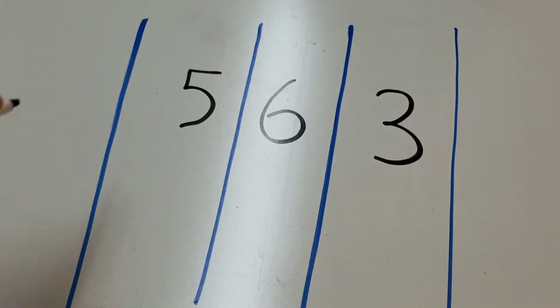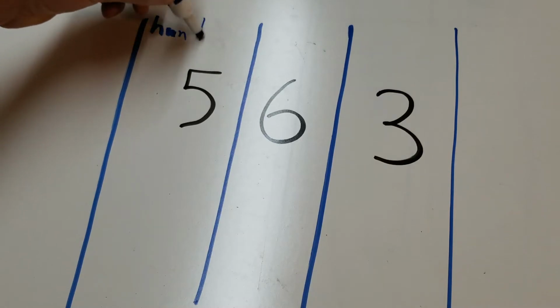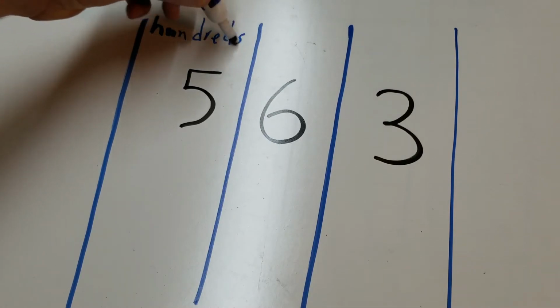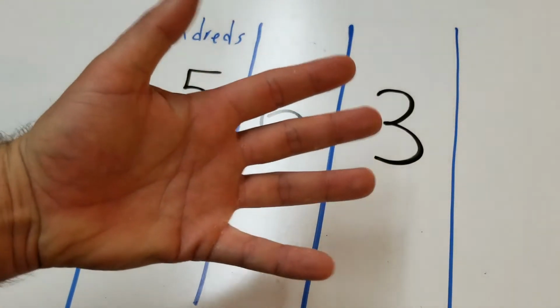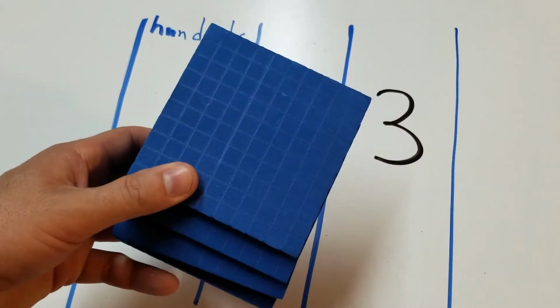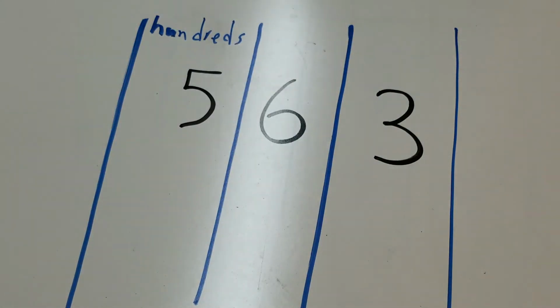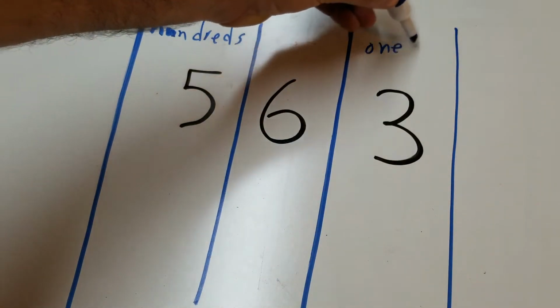This 5, this digit represents the hundreds. When we say 5 here, it doesn't mean 5 like this. It means 500 like this. Right? Whereas this 3 here is in the ones place.